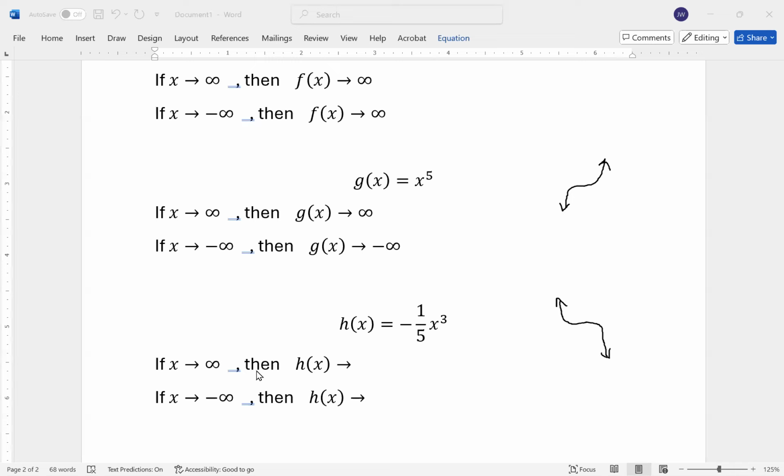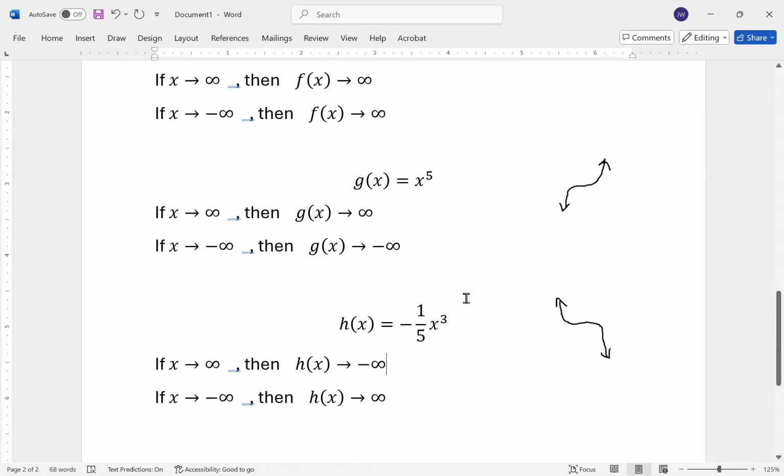So as x gets really, really big, my function value is going off to negative infinity. And as x gets towards negative infinity, my function value is climbing and going to positive infinity. That's the idea of the end behavior of these graphs, of these power functions.